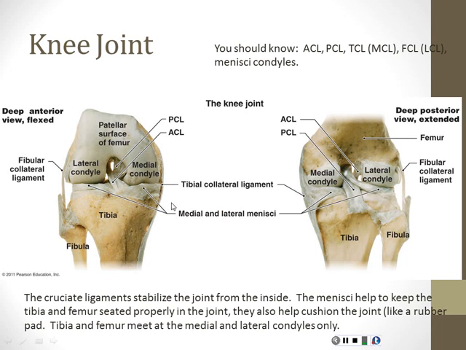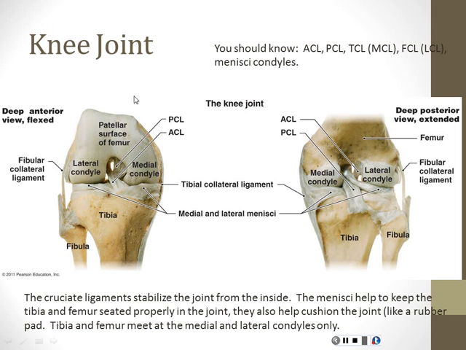This is the head of the tibia. And then between the femur and the tibia are those menisci, which are sort of lens-shaped in that they're concave. And these rounded condyles sort of fit in those menisci. And the menisci help to keep the femur and tibia lined up right.